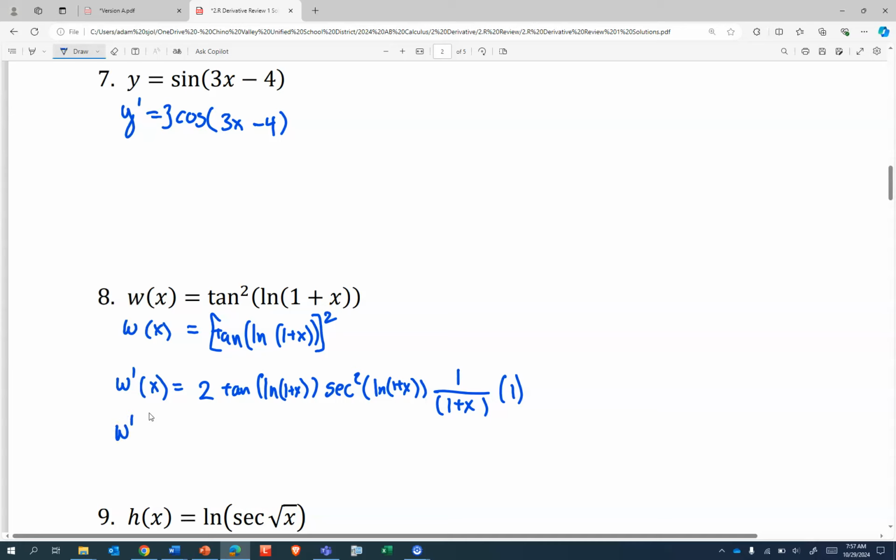So I think I do need to slightly rewrite that, but you should know tangent and secant both have cosines in the denominator. So really, we can't combine much. So 2 tangent of natural log of 1 plus x, secant squared of natural log of 1 plus x, all over 1 plus x.